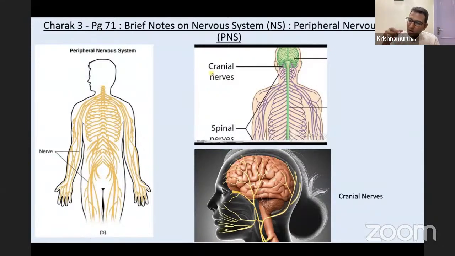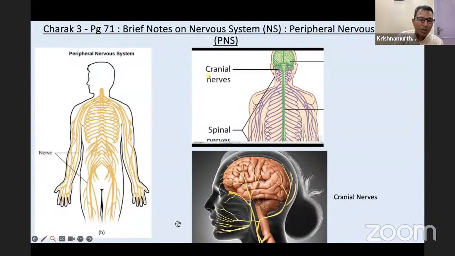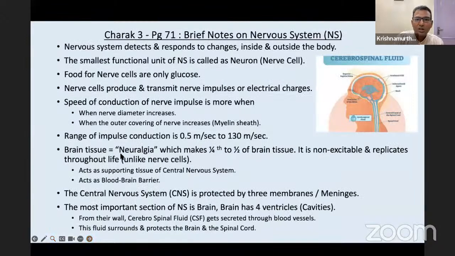But along with that, there are other nerves like the vagus nerves, etc., which are all for later. I'll not get into too much of this.